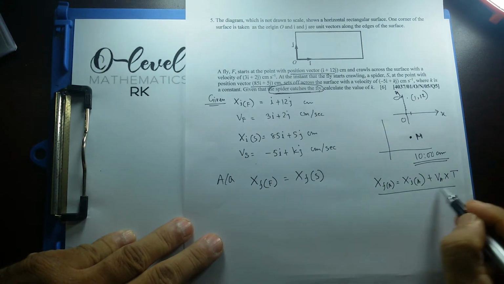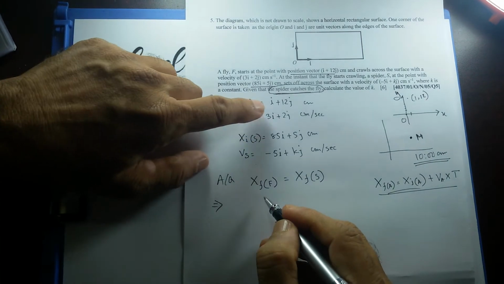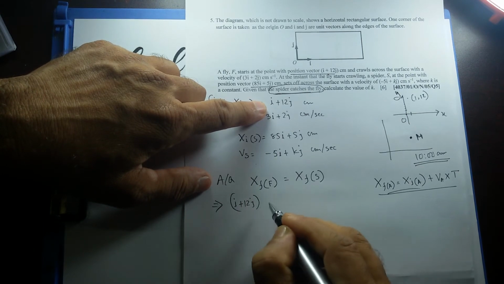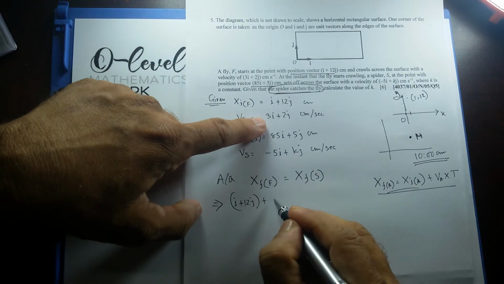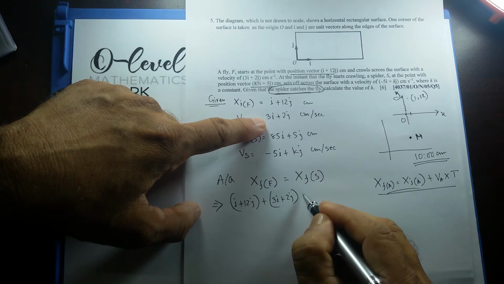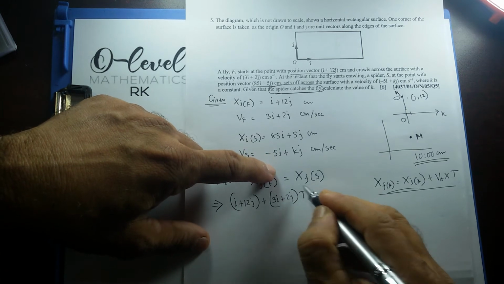We're going to use this formula. So the initial position of the fly was i plus 12j, and its velocity was 3i plus 2j, times t, let it be capital T.